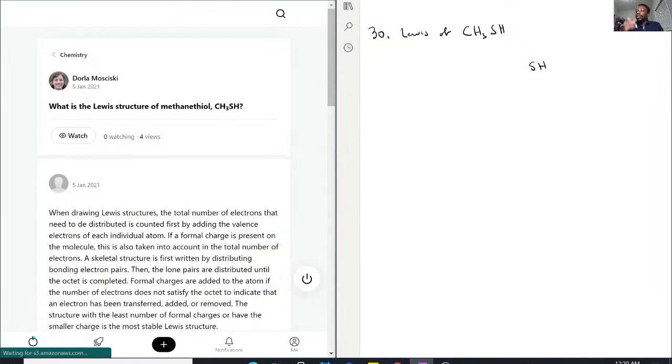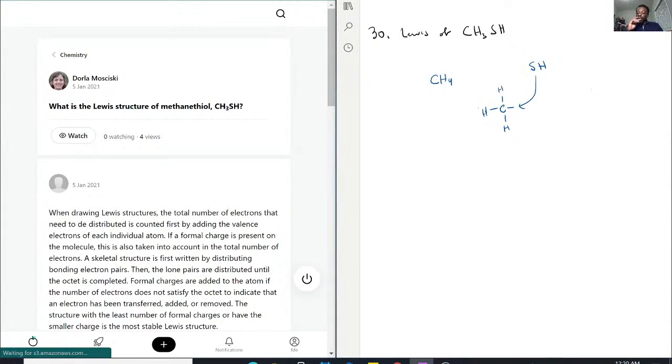If you think about it in regards to, for example, methanol, where we have methane, CH4, what we're doing here is that instead of replacing an H with an OH for the alcohol, the methanol, we're replacing an H with an SH. That is what we're doing here for this question.